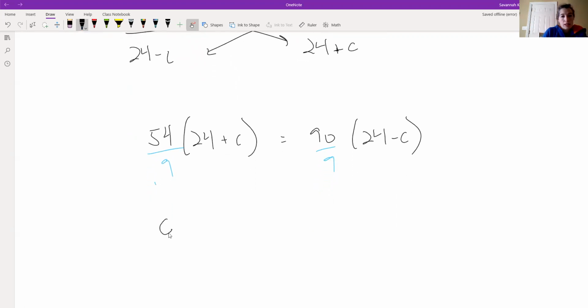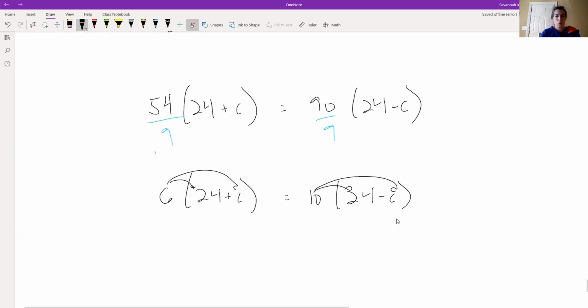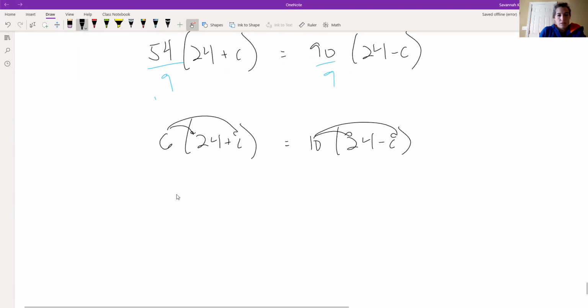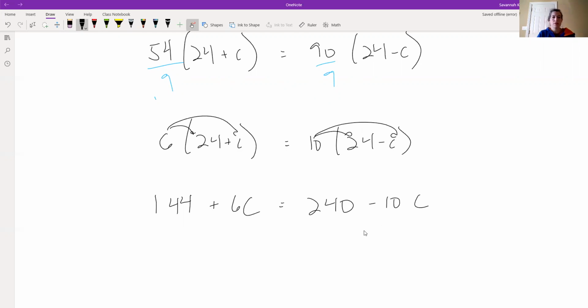9 times 6 is 54. 9 times 10 is 90. That way, when it comes to distribution, I have smaller values. So let's see, 4 times 6 is 24. Is that 144? 240. I think that's right.